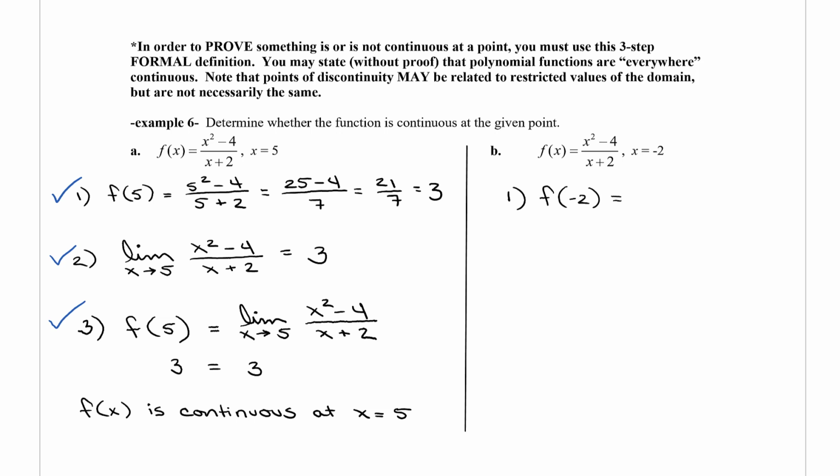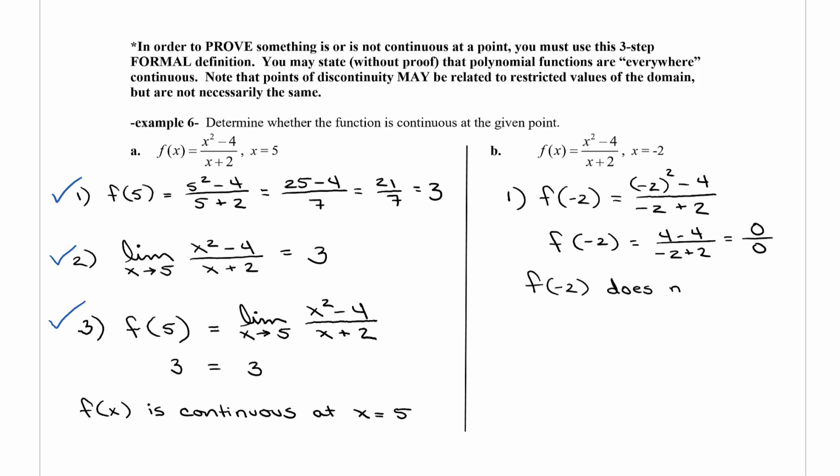So step 1, f of negative 2 is going to be equal to negative 2. We're going to put that inside parentheses and we're going to square it, minus 4 over negative 2 plus 2. So this means f of negative 2 is going to be equal to 4 minus 4 over negative 2 plus 2, which is equal to 0 over 0. Unfortunately, here, f of negative 2 does not exist because this is undefined.